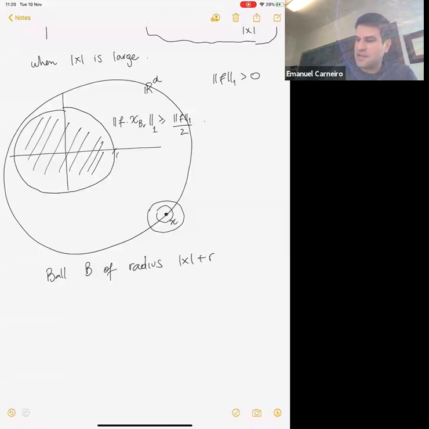So what you did is, you have absolute value of X here, and you threw a little bit of r to the other side. So if you take this ball here, this big ball, it's maybe a diameter, it doesn't matter. Just take a big ball that contains this little ball there.